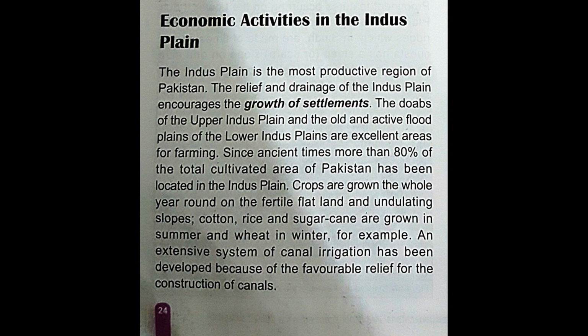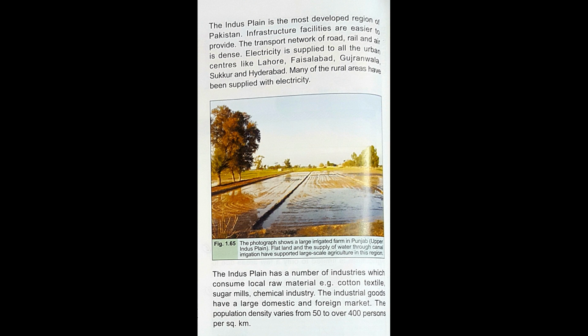In summer, we get cotton, rice, and sugar cane, and in winter we get a huge amount of wheat. An extensive system of canal irrigation has been developed because of the favorable relief for the construction of canals. So, in the Indus Plain, a canal irrigation system has been developed.